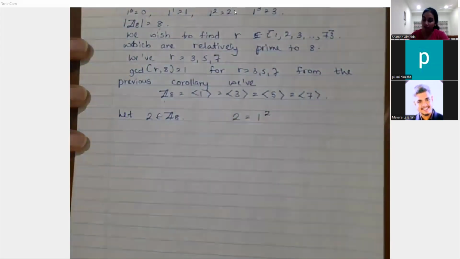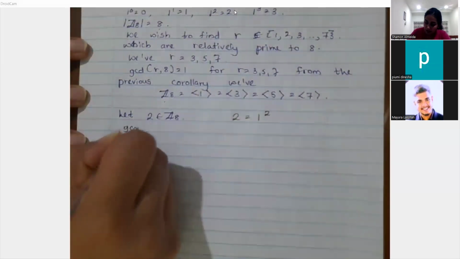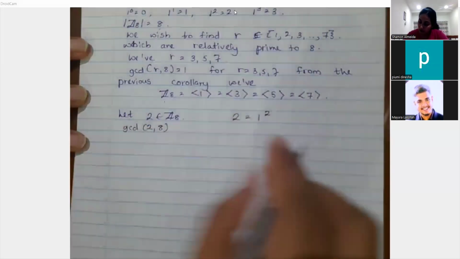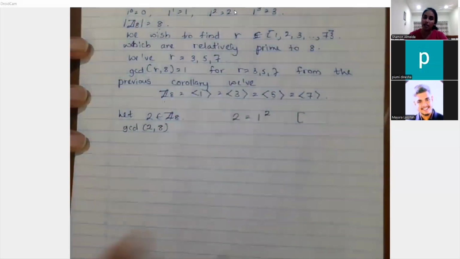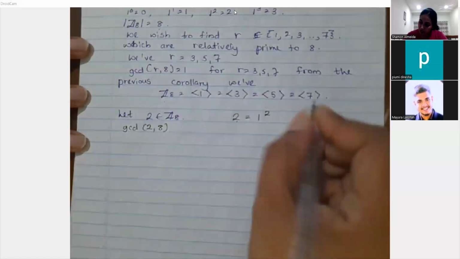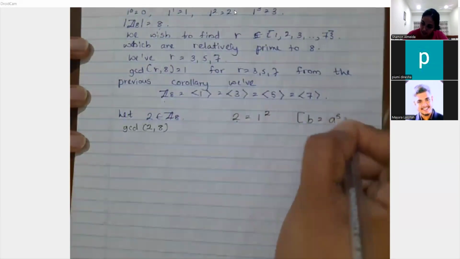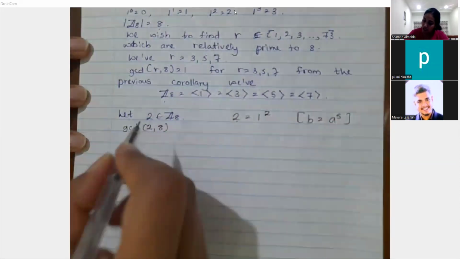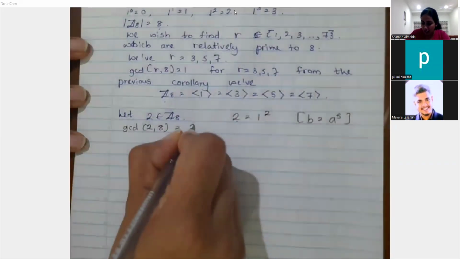Then we find the greatest common divisor of 2 and 8. If we compare all this information with the details given in the theorem, this will simply be our B, 1 will be A, 2 will be S, and N will be the order of this group, right? So we find the greatest common divisor of 2 and 8, which ends up being 2.